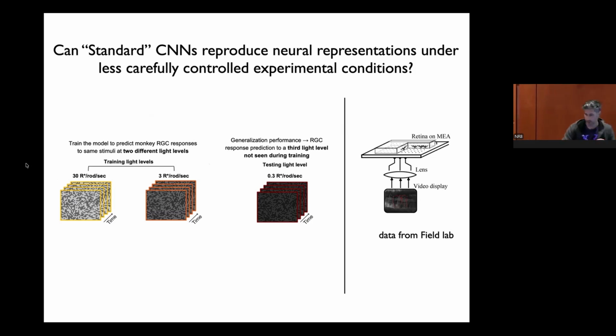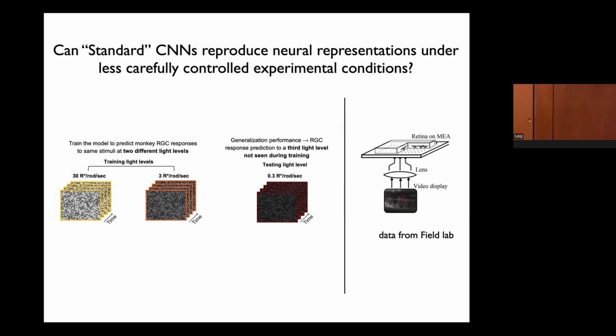And these light levels span nighttime, fairly dim conditions: 30 R star, 3 R star, and then 0.3.